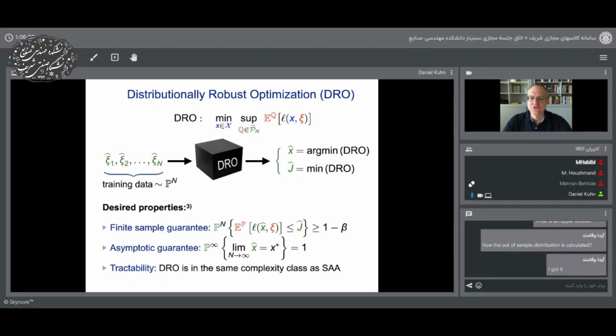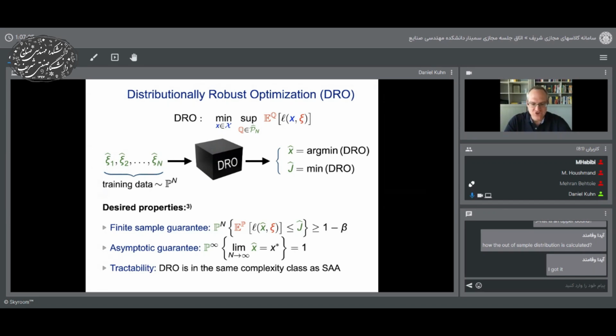Now, of course, we need to decide how we construct the ambiguity set P hat n from the training data. At the bottom of the slide, I would like to propose a wish list of desired properties that this ambiguity set should satisfy. The first property is, I would like to design the ambiguity set such that the optimal value and the optimal decision of my distributionally robust optimization problem satisfy a finite sample guarantee of the kind we have discussed before.